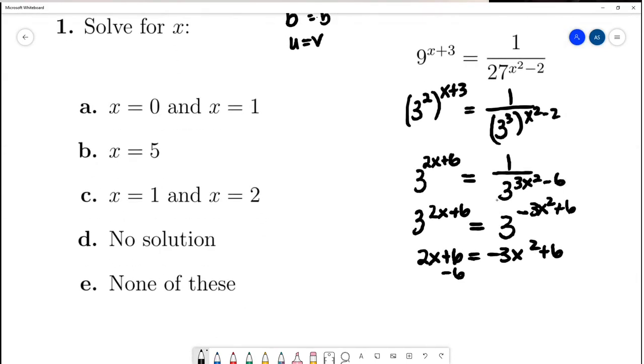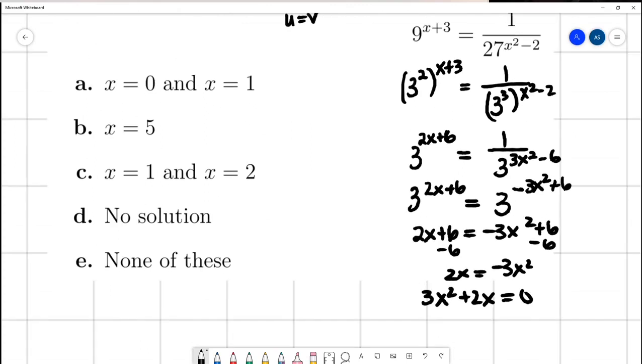I'll subtract 6 on both sides. They cancel out. I have negative 3x squared equals 2x. I'll move that term to the other side and have 3x squared plus 2x equals 0.